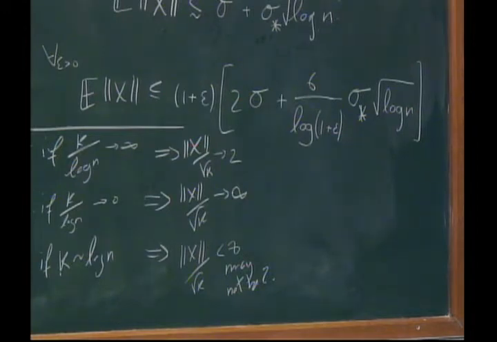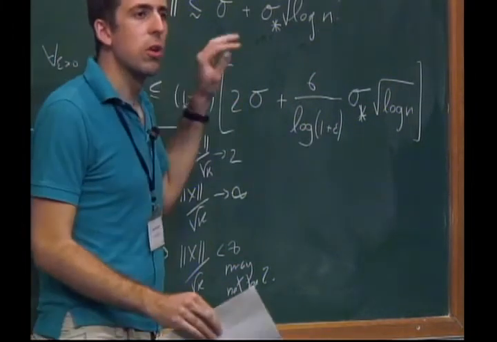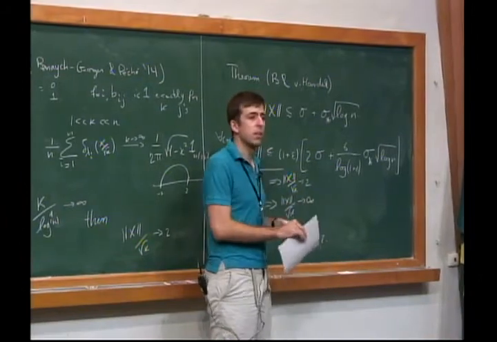Is there any question? Yes. Yes, from this, so I can talk more about it on Thursday. But yes, after you have it for Gaussians, you can control it for mostly anything.